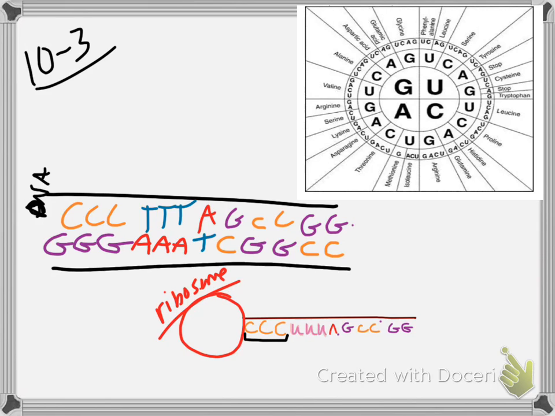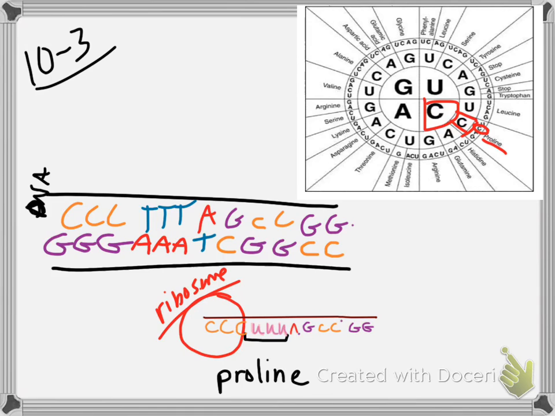So my first codon, remember those 3 base mRNA segments are codons, is CCC. So if I go to my chart and I go C, C, C, that gets me proline. And then my mRNA continues to move.